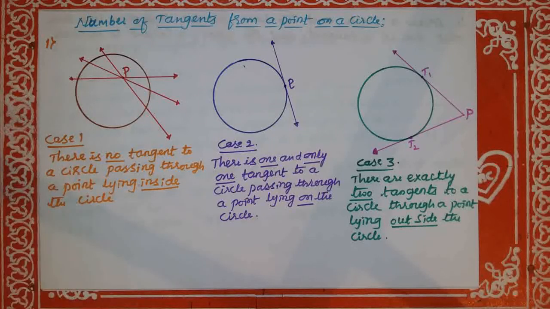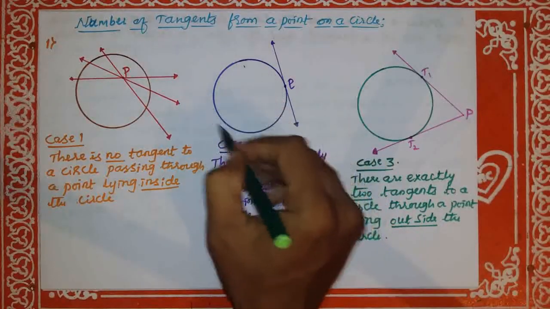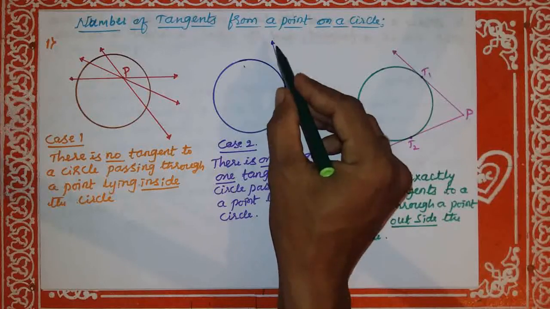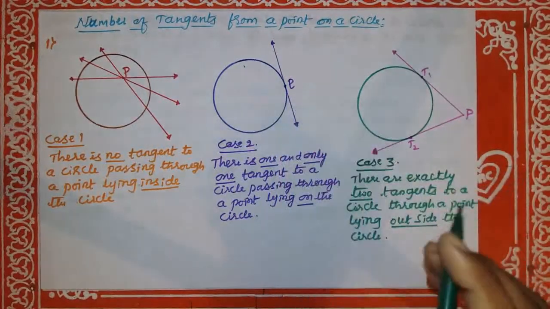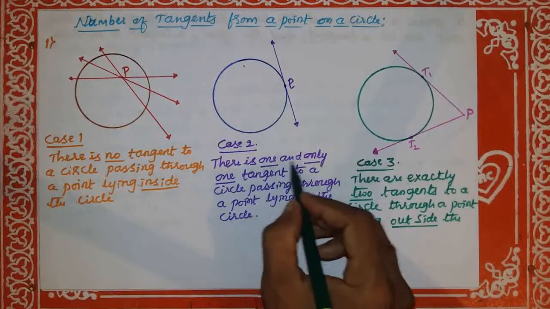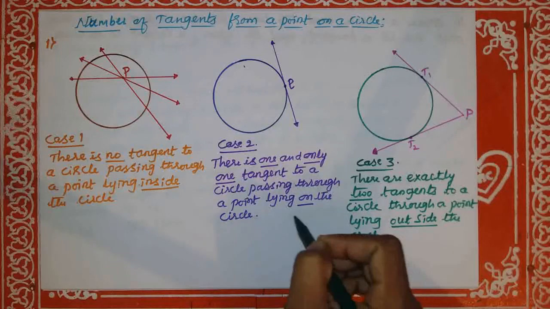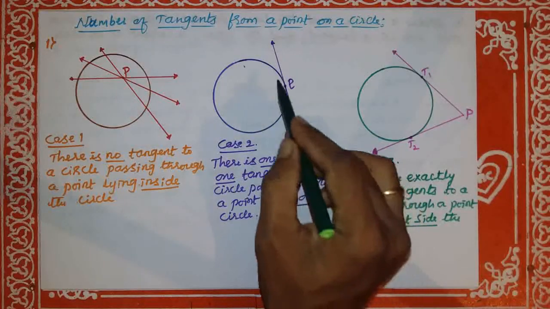This is case 1. Okay, very important. Next, in case 2, the line touches the circle at only one end point, right? This is called a tangent. There is one and only one tangent to a circle passing through a point lying on the circle.